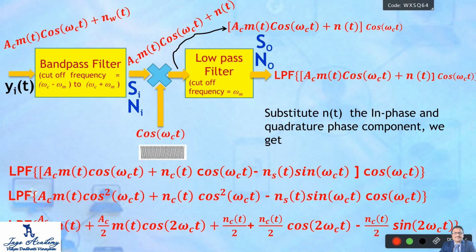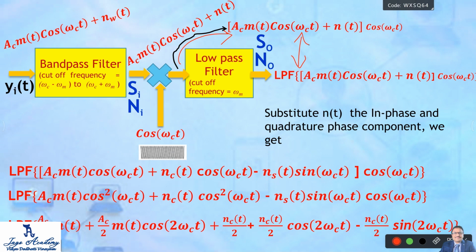See here. You have this equation here, right? What is the difference between this equation and this equation? It is just the low pass filter. So you need to look at the frequency components of the terms inside the low pass filter.